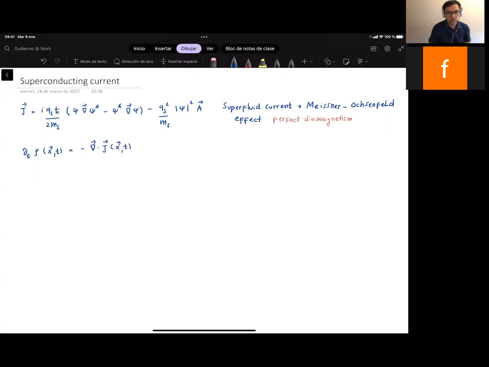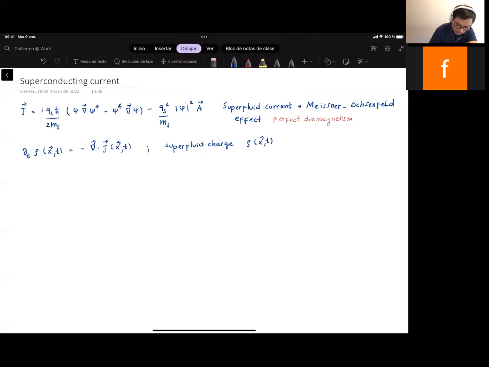And the idea is to use the definition we have for this superfluid charge, which is this rho of x comma t.